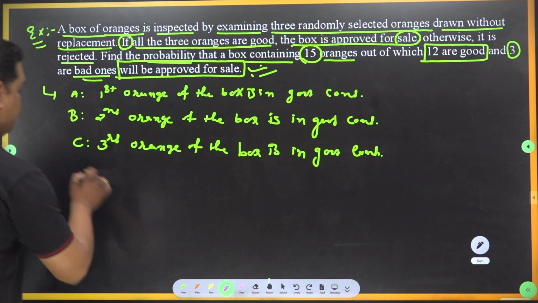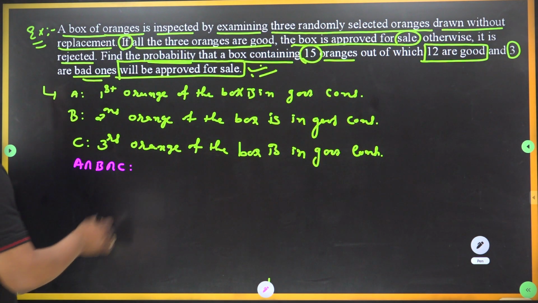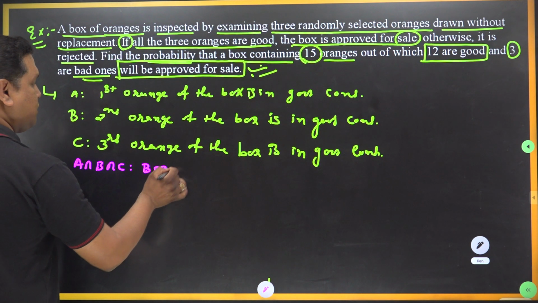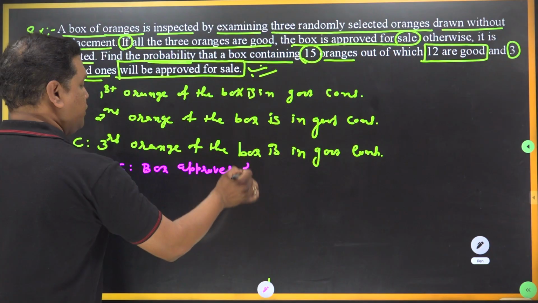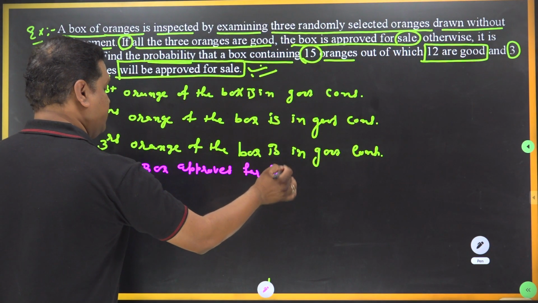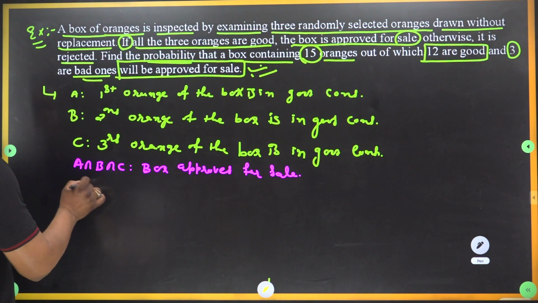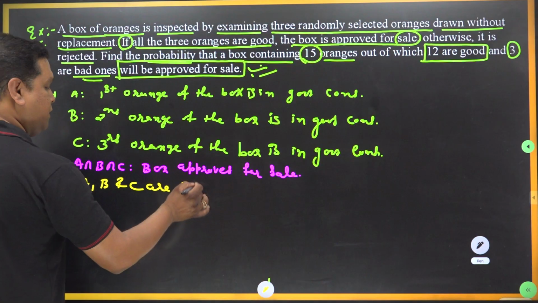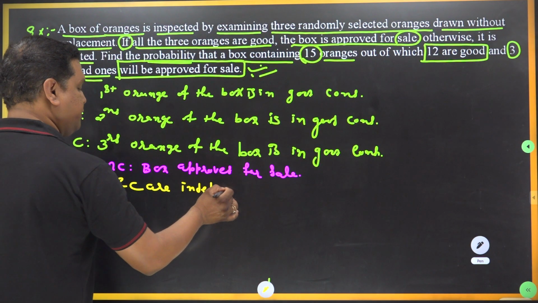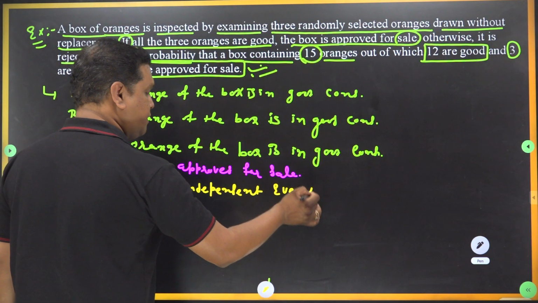And event A intersection B intersection C, box approved for sale. That means A, B and C are independent events.